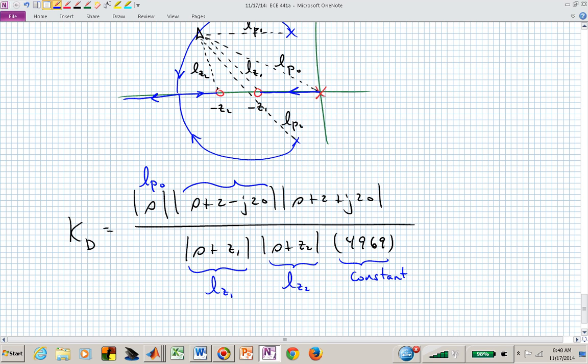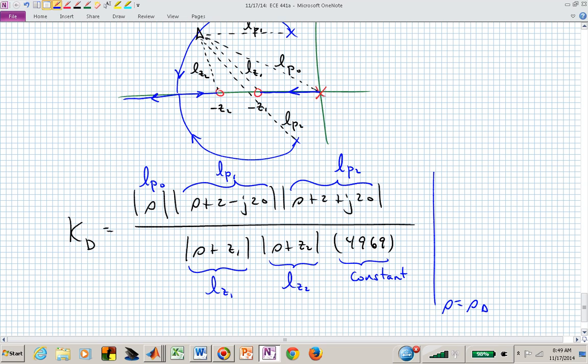It's minus 2 plus j20, isn't it? So that's the one that's up in the second quadrant. This length corresponds to the shorter distance. This is L sub P1, and this is L sub P sub 2. And we would evaluate that at s equal to s delta.